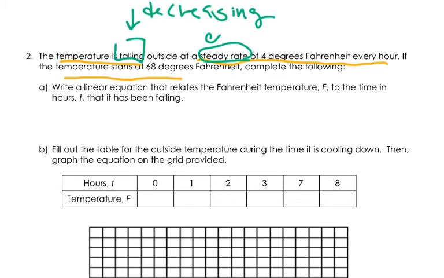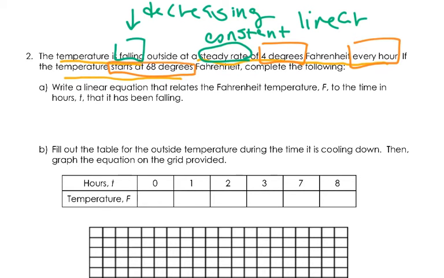So that means constant. So I know that whatever I'm working with, I'm definitely working with something that is linear. And it's going down 4 degrees every hour. And something really important, that it starts at 68 degrees.